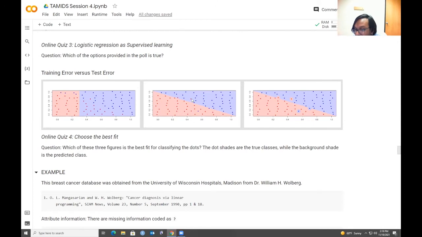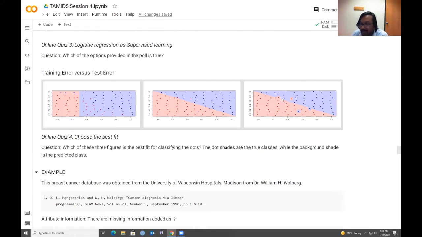Of course, there are a few individual cases where there are some red dots in the blue region and vice versa. But in order to capture this individual idiosyncrasy, the right plot deliberately tries to overfit the data and capture this noise by having a very complicated model, rather than a simple linear classifier as in the middle plot.